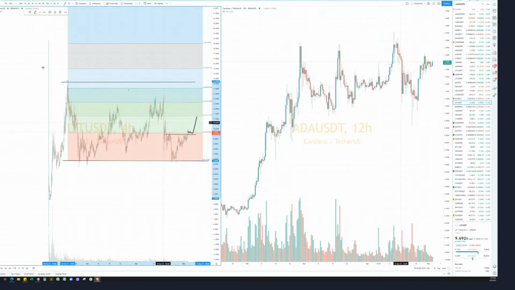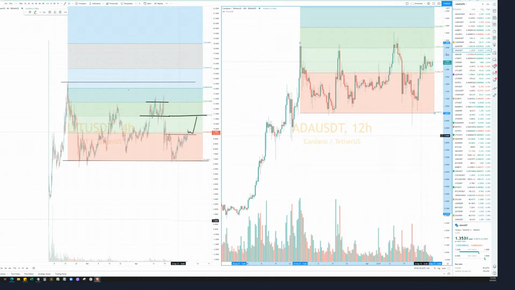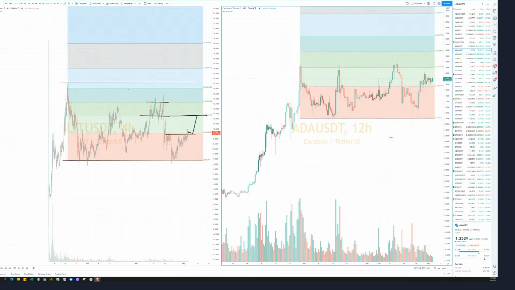Okay, you can see confluence with this fib level and a bit over. And so you will find major resistance there with ADA. You can see it's slightly more advanced.